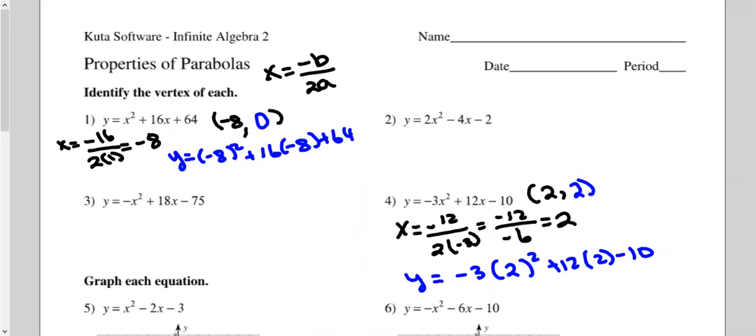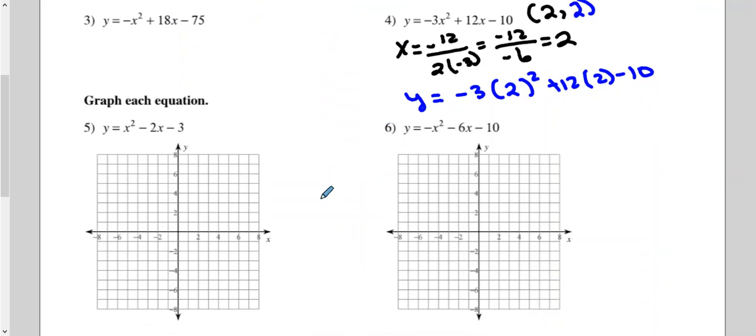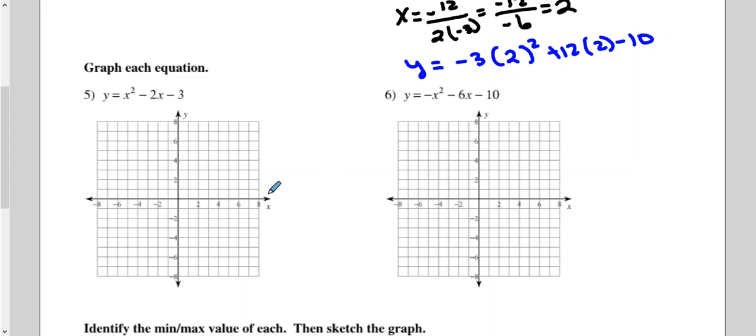Okay, all right. So let me go to the next section right here. It's asking you to graph it. So you would find the vertex, and you can make a table and graph it. Let's do one of them. For this one, let me first find the x-coordinate of my vertex.